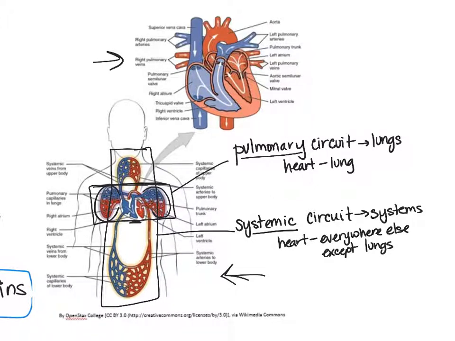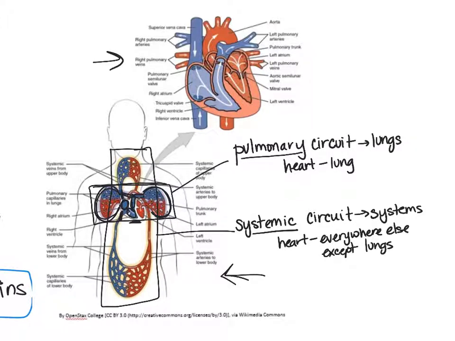So our pulmonary circuit includes where we're coming in from our inferior vena cava, right here, and superior vena cava into our right atrium, and then moves down into the right ventricle, then goes up through the pulmonary trunk, and then we're going to split off into the left and the right, going to the lungs. So this is our pulmonary circuit.